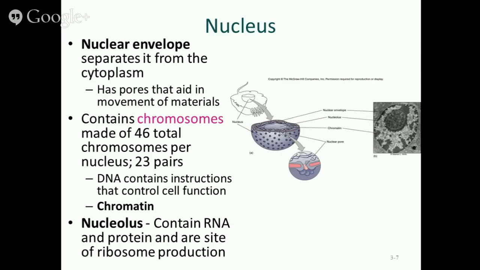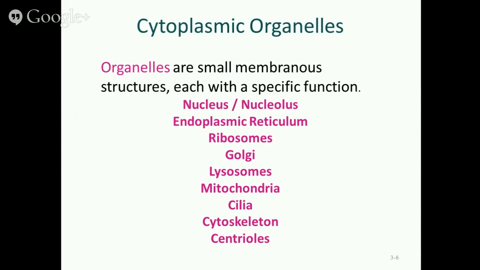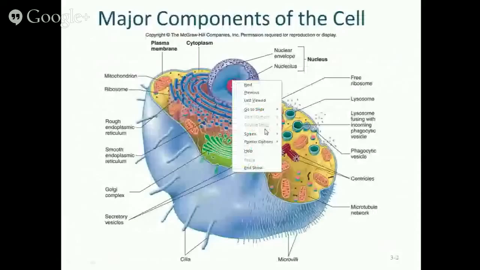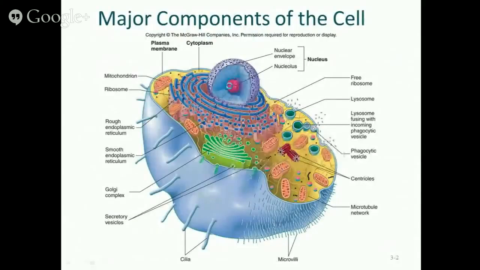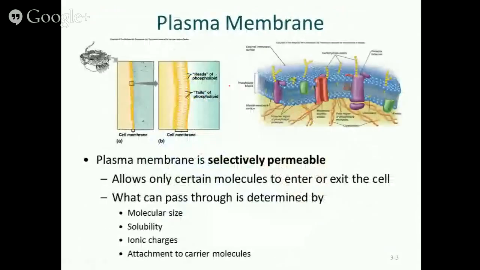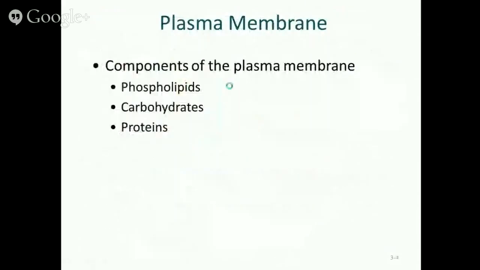Last thing to mention is pictured here, this center sort of pink area in the middle of the nucleus. So the nucleolus is an area inside the nucleus where proteins are being made.